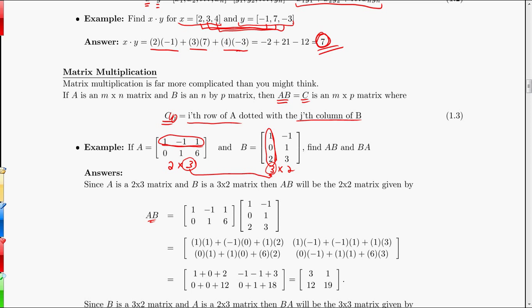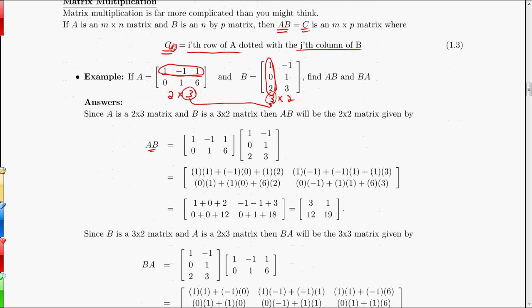So when you do this matrix multiplication, the first thing I'm going to do is take 1 times 1 plus negative 1 times 0 plus 1 times 2. That's going to be my first term, the term in the first row, first column.